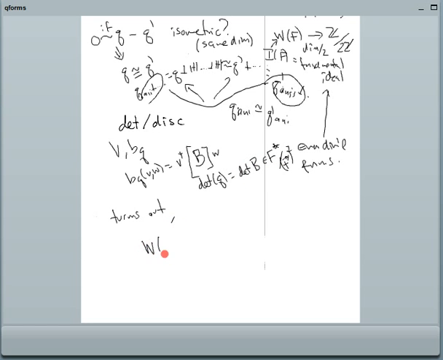So we want to construct this map W of F to F star mod F star squared. Of course, we have a map, but we'd like it to be a homomorphism. And it's not quite, but if you restrict it to I and modify the sign of it, then it does become a homomorphism.